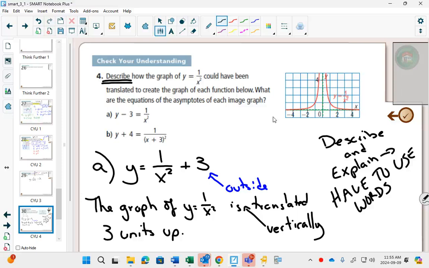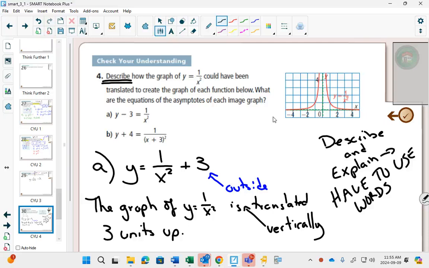But with a describe question, they'll look at your words and say, is there anything missing, or could I use your words to do the question wrong? Because sometimes you write something, and I could use your words to do it right, but I could also misconstrue your words a little bit to do it wrong. Then you're going to lose a half mark for clarity. We want to be as clear as possible.